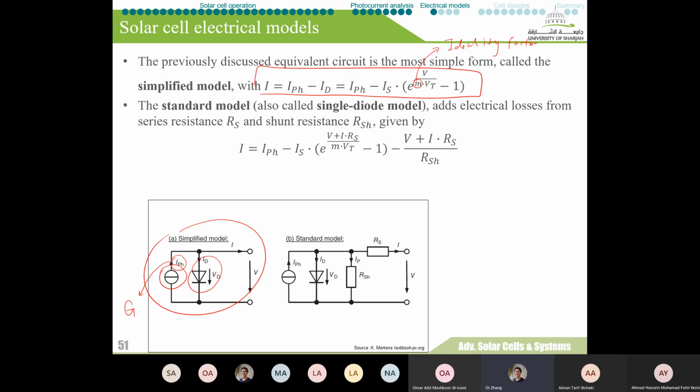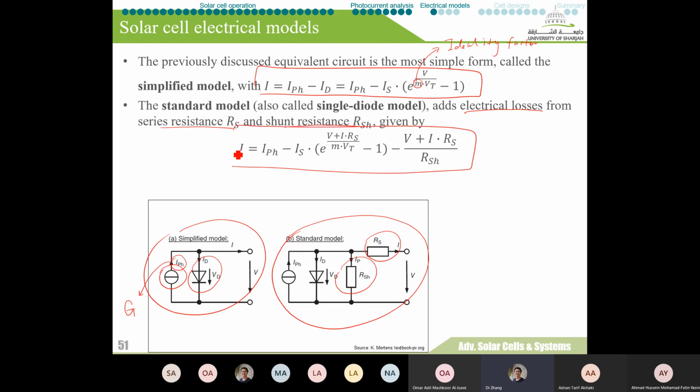It cannot represent all the electrical phenomena we are seeing. Typically, we may expect electrical losses from the series resistance and from the shunt resistance. Therefore, we can additionally add 2 resistances into the circuit, and that is our standard model for understanding a solar cell, represented by this equation here.